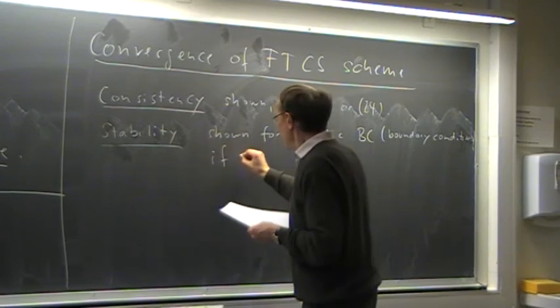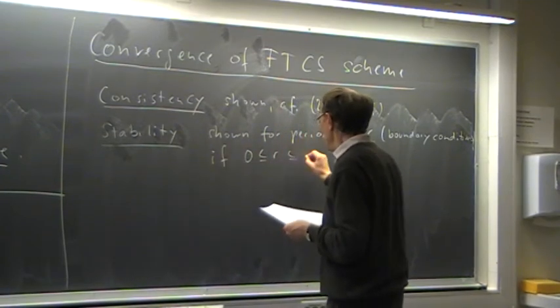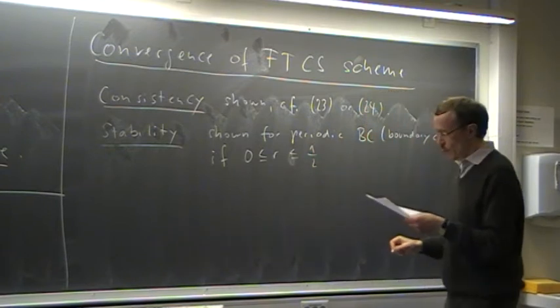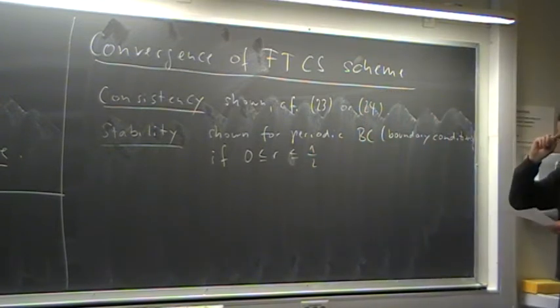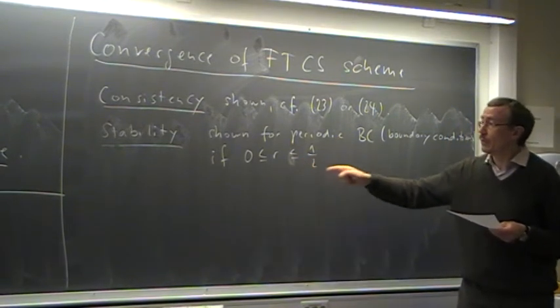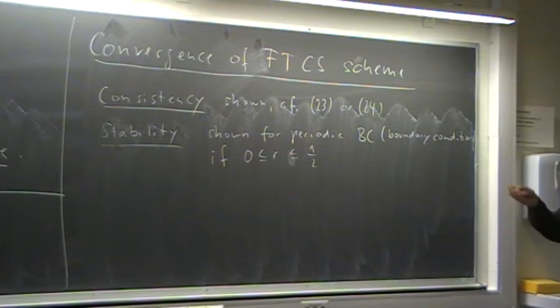If the stability parameter R is between 0 and 1/2, then we can follow from Lax's equivalence theorem that under this condition, for periodic boundary conditions, the finite difference method is also convergent.